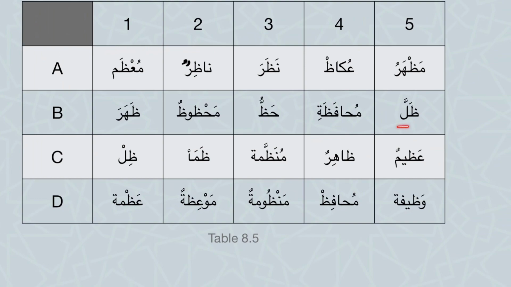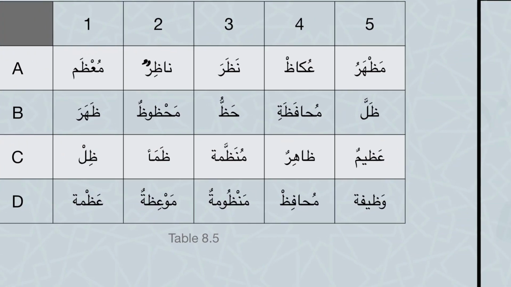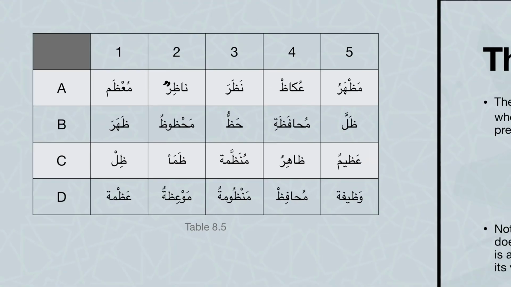ظل, because now if I say ضل, it means he remained. But ظل, it means he kind of made a mistake or he made an oopsie. So the meaning is different. But more practice on the ظ.